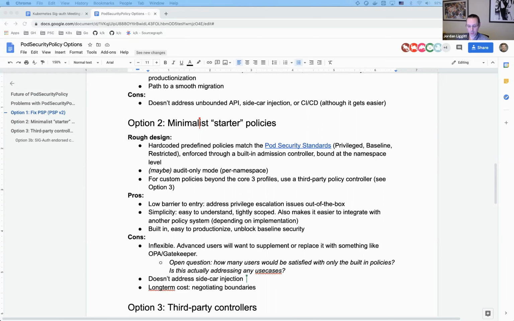And so for option 2, take the CSI plugin example you had, Clayton. Say we have a baseline that says you can have normal volumes, no CSI volumes because those might be scary, and no NFS volumes because those might be scary, and no privileged pods because those might be scary. So, okay, we've got a baseline policy. Then someone contributes a CSI volume plugin.